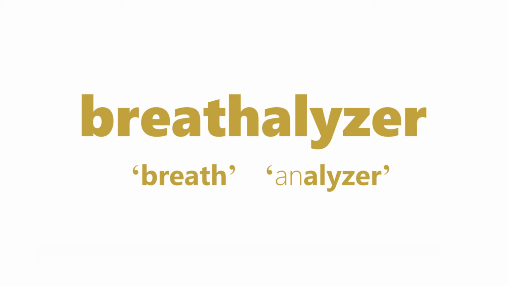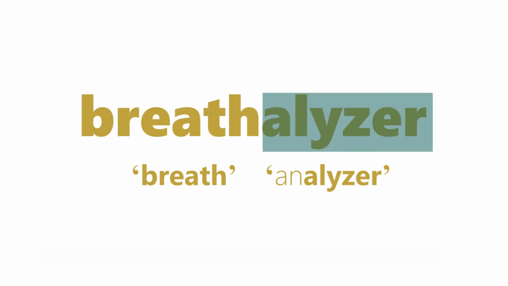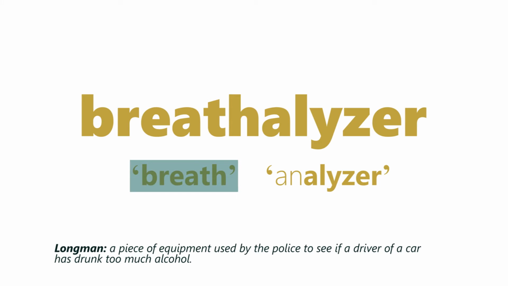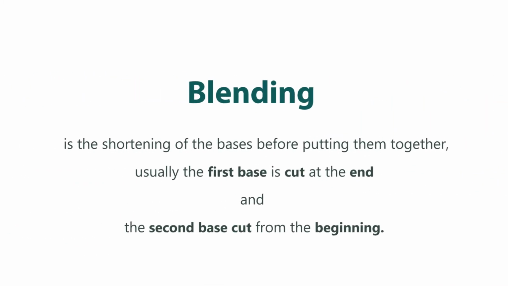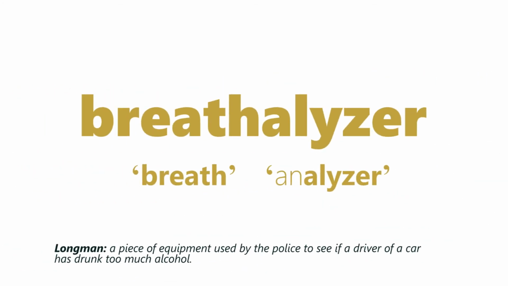The word breath hasn't been shortened, but analyzer has been shortened to alyzer. In this blend, the first root is complete. As I told you, the typical blend is where both roots are shortened forms, but sometimes it's not the case, as in breathalyzer.